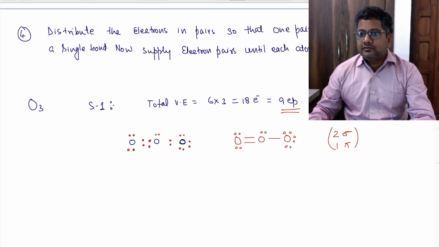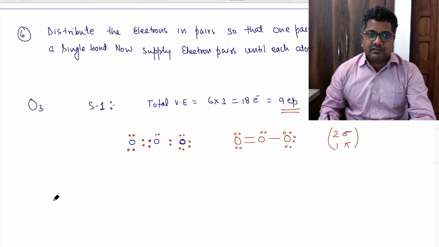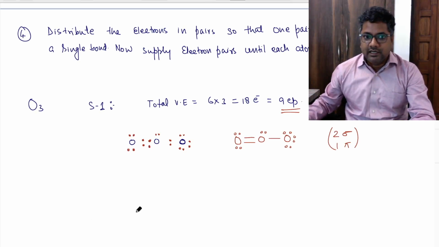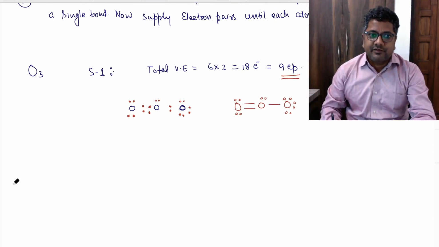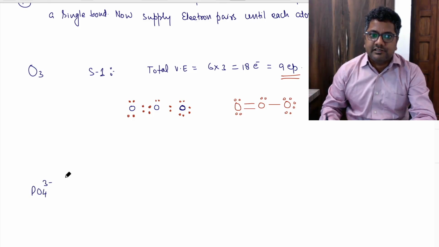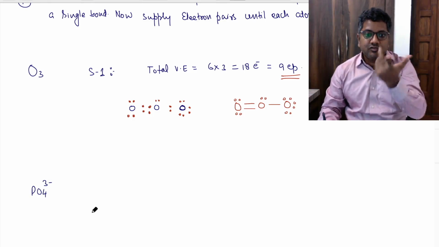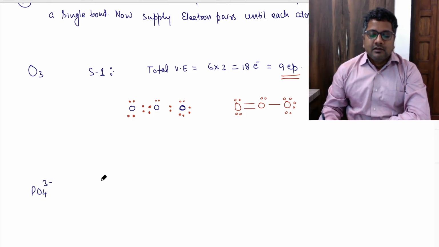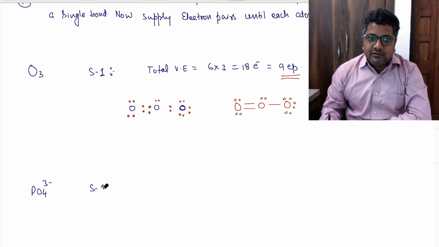Okay, now practice on some more structures. For example, suppose that PO4 3 minus is given. Step 1, first you have to calculate the total number of electrons.